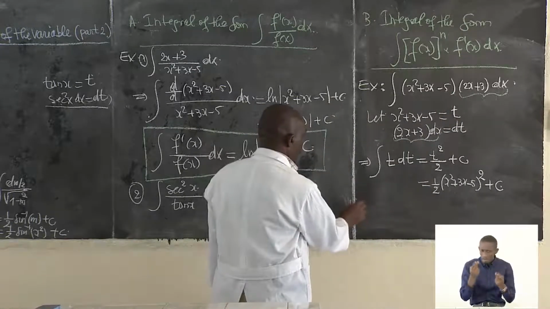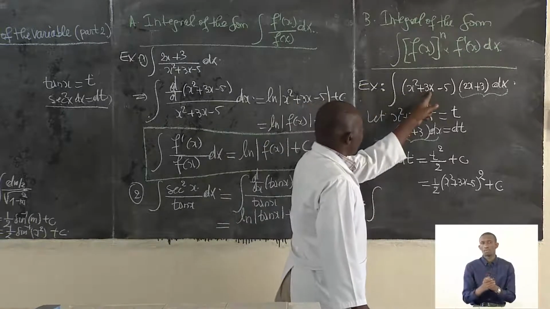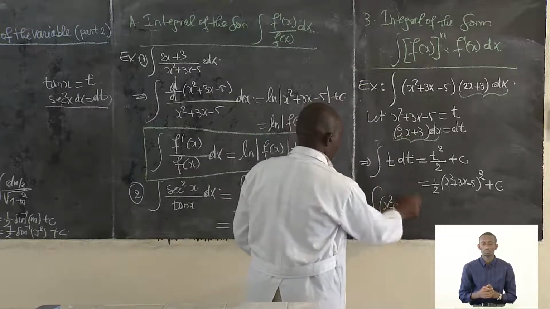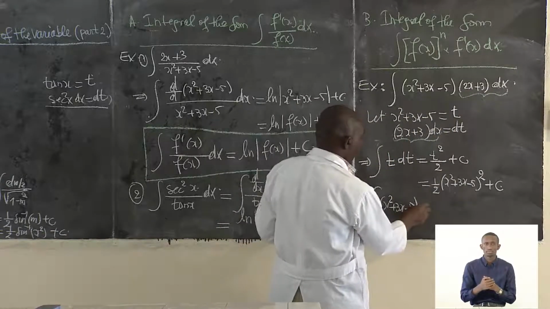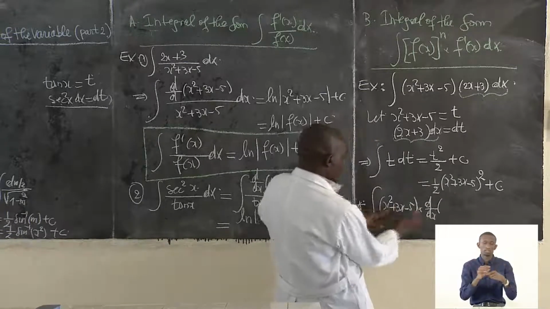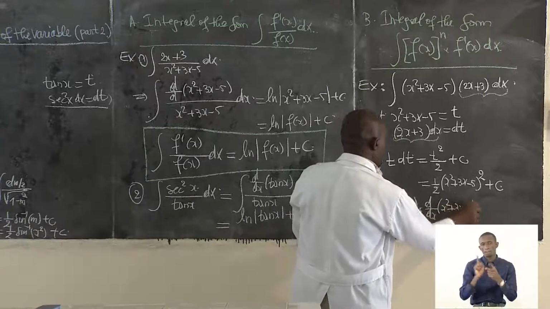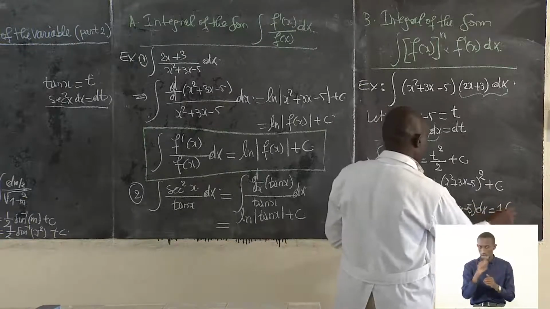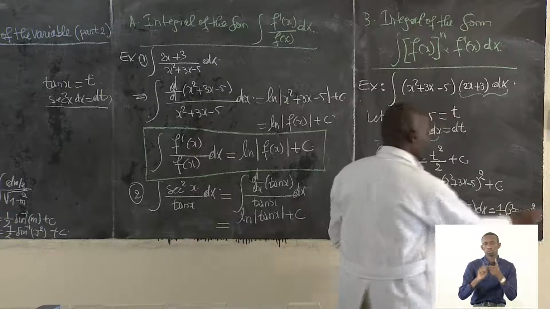So it means that the integral of (x squared plus 3x minus 5), as this is the derivative of this function, I can multiply by the derivative of this function, (x squared plus 3x minus 5) dx, which is equal to a half times (x squared plus 3x minus 5) raised to power 2, then plus c.